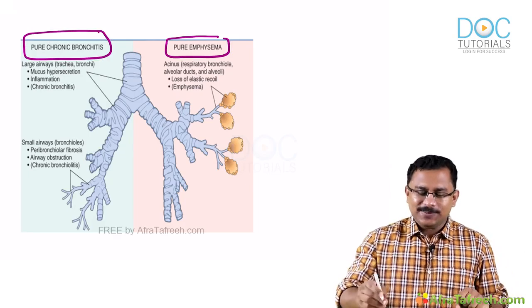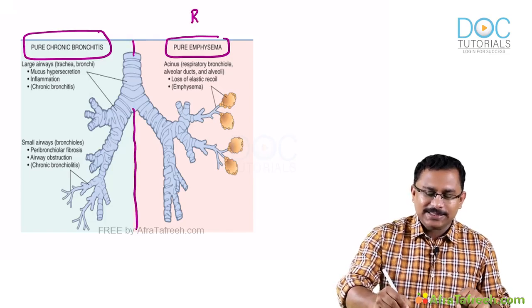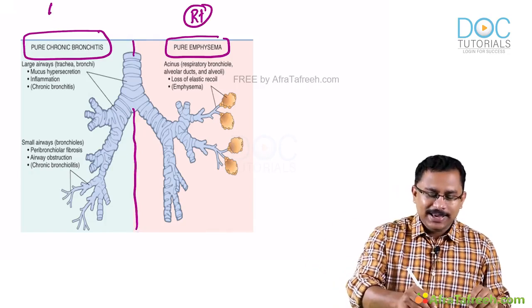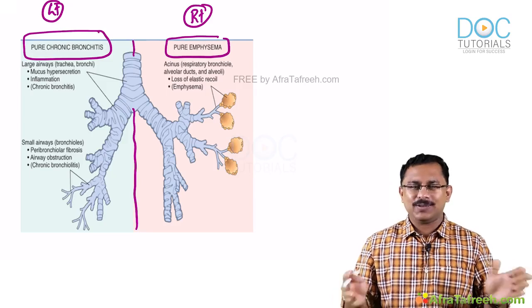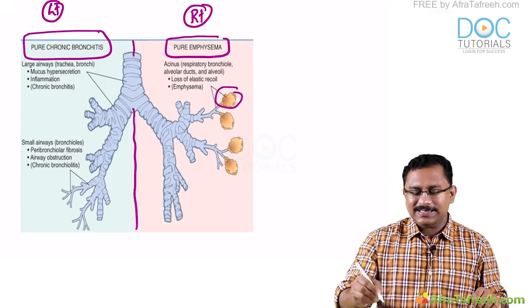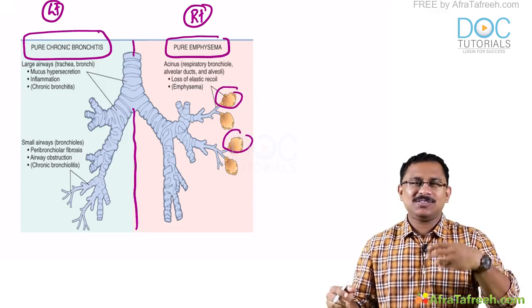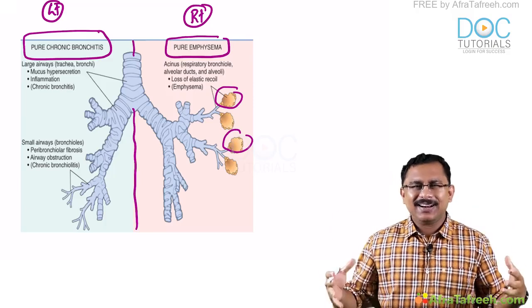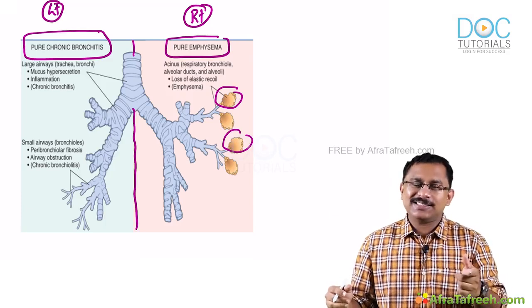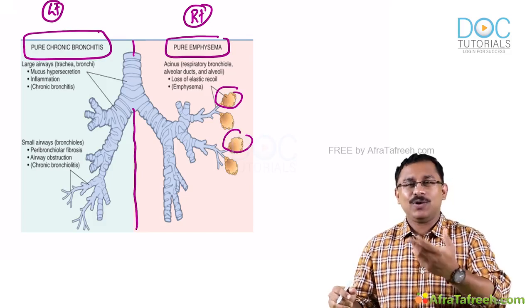What is mentioned here is that the right of this is regarding a pure emphysematous change, what happens in the airways, and the left is what happens in chronic bronchitis, just to make a comparison. In emphysema, you can see all these alveoli getting dilated, respiratory bronchioles dilated, air trapping, all that stuff. Now what difference happens in chronic bronchitis? That is what we are going to learn.